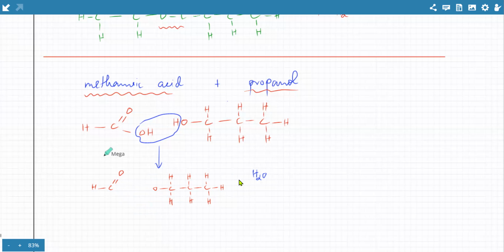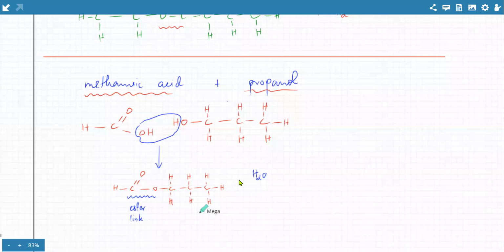And the oxygen and the carbon are short of one bond, so they're going to come together and bond with each other. They're going to form a bond in between, and that's going to be known as your ester. It's going to be known as your ester link. Okay, that's your ester link, and this is the whole entire reaction.